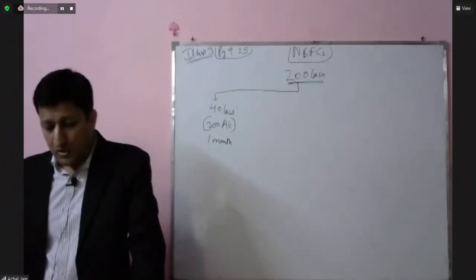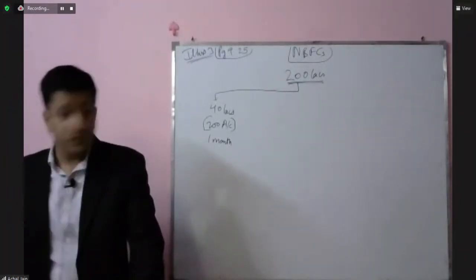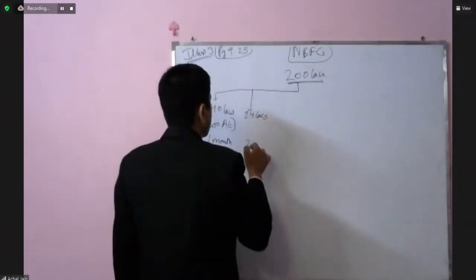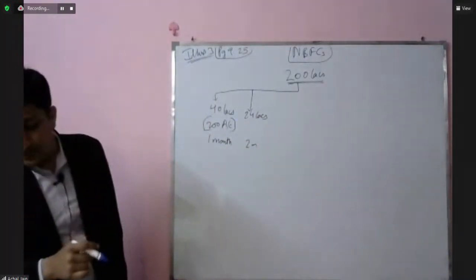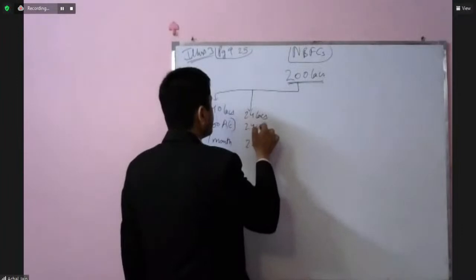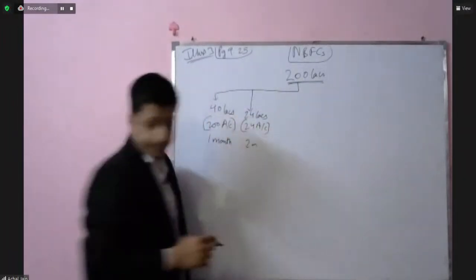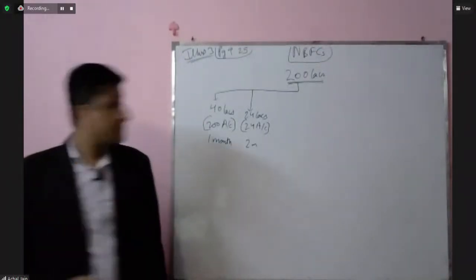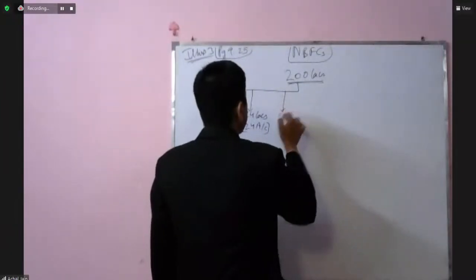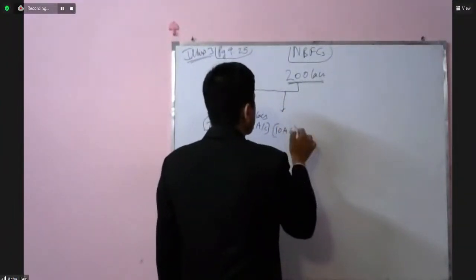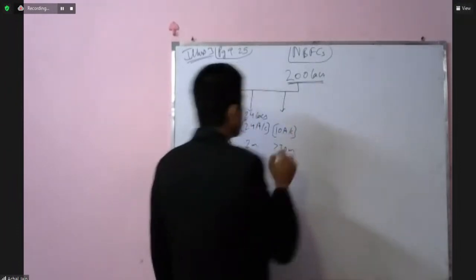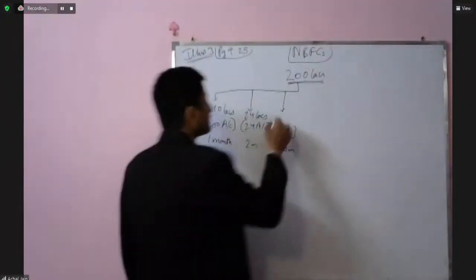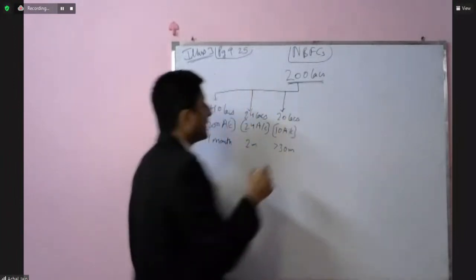On 24 accounts for 2 months, amount overdue is 24 lakhs. Then, on 10 accounts for more than 30 months, the amount is 20 lakhs.